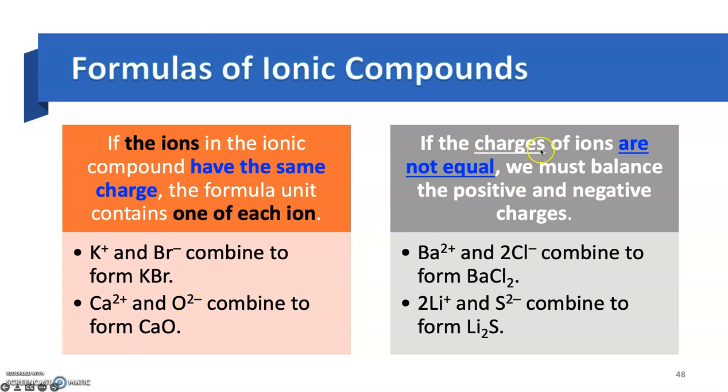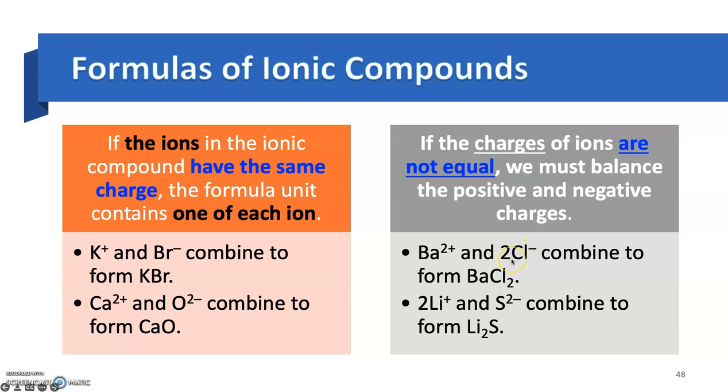However, if the charges of the ions are not equal, we must balance the positive and negative charges by increasing the numbers of atoms. For example, when barium 2 plus combines with chloride ion, you need 2 chloride ions in the chemical formula, because barium has a 2 plus charge, whereas chloride ion has only a -1 charge.